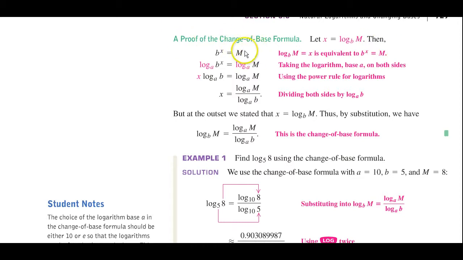And by the way, they are giving you the proof of this. Let x equal log base b of m, and you have base b raised to x. Remember, x is the answer, and equals m.